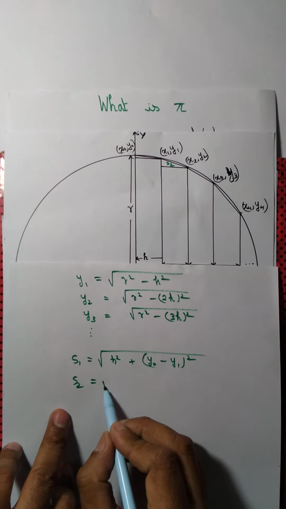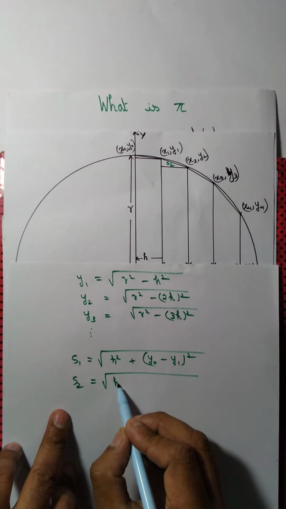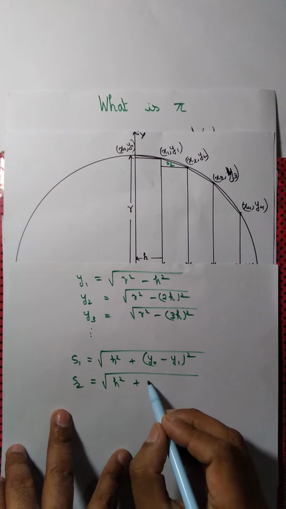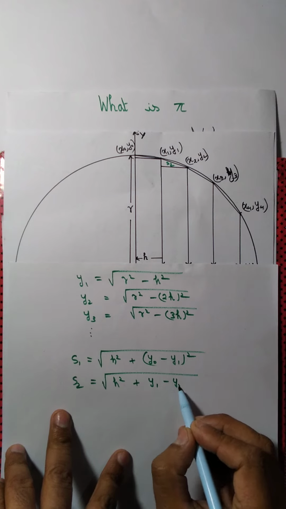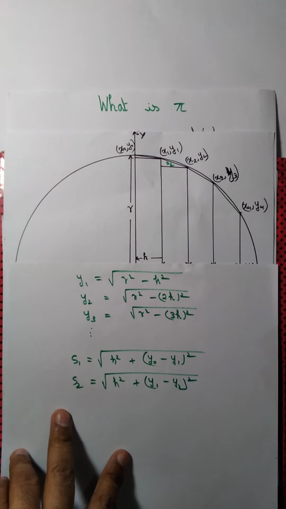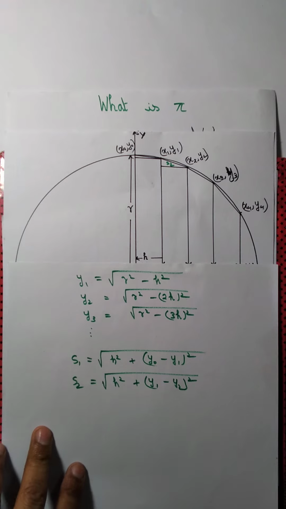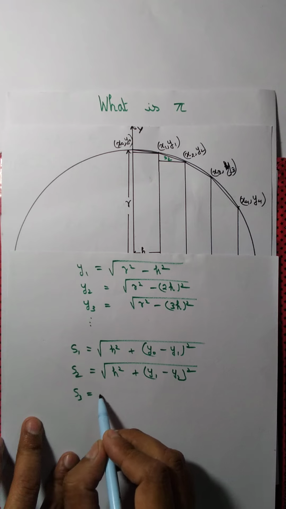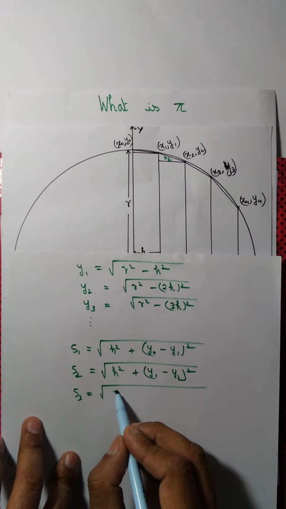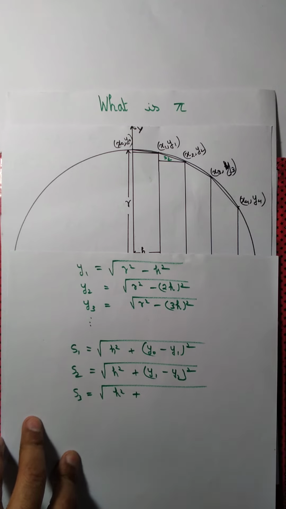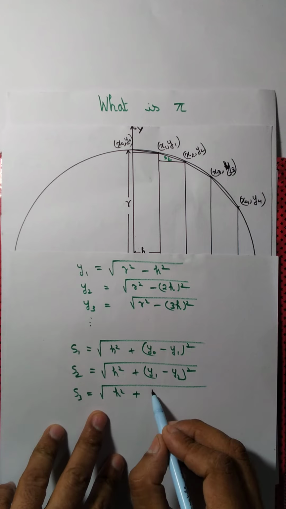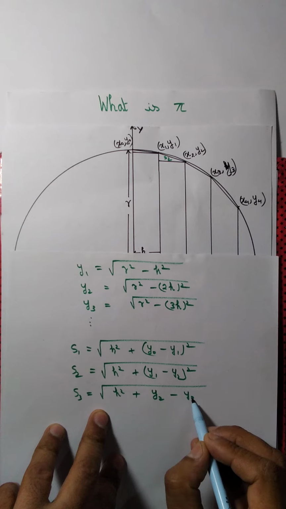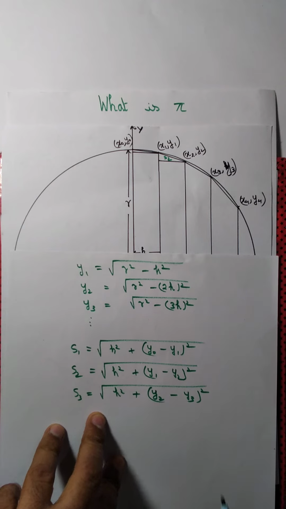So S2 equal to root over h square plus y1 minus y2 whole square, and S3 equal to root over h square plus y2 minus y3 whole square.